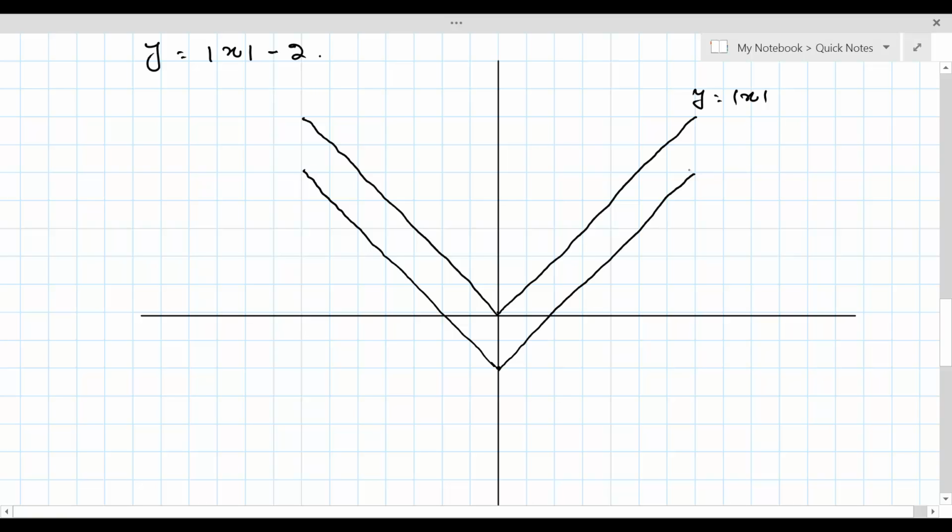So this is y is equal to mod of x minus 2.